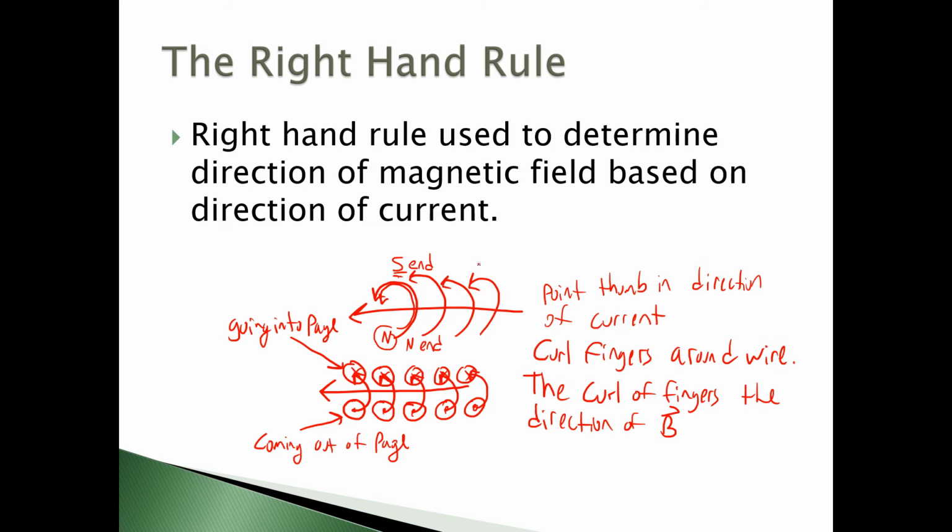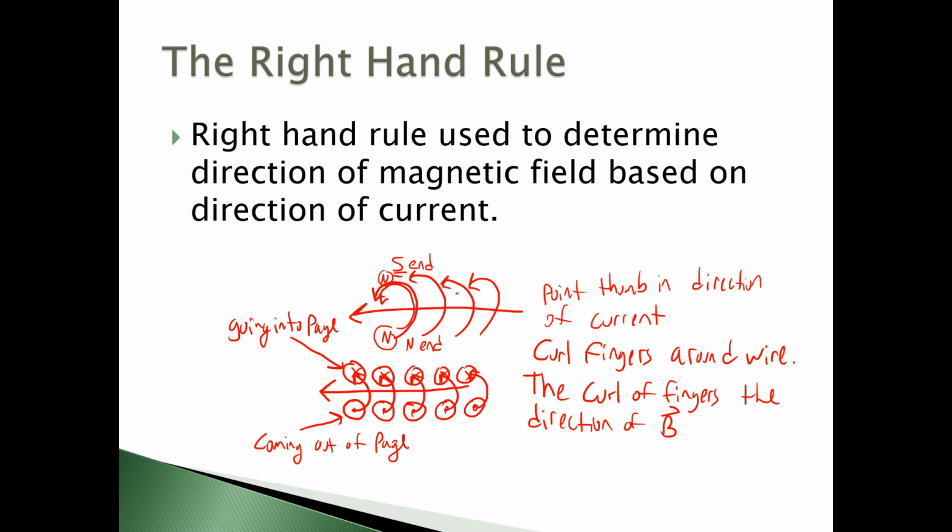That's one way you can sort of look at it. Although I guess depending on your position, you could actually make the same argument that the top here could be a north end, because if I have a north pole here, it'll get pushed away from it and pushed towards here. So it really depends on what else is going on, because with this particular wire, the way that everything is moving, you can basically make an argument for north or south on either end.